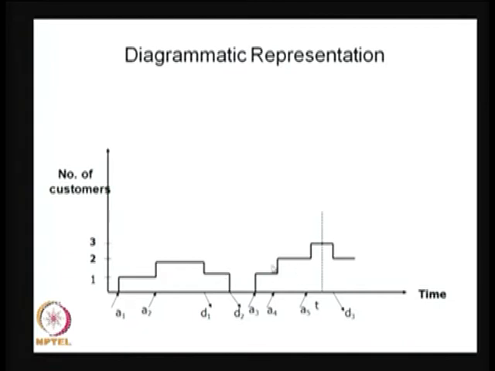So, this is the diagrammatic representation of any queuing system. Here I made a very simple assumption: only one customer enters the system, only one customer is served and leaves the system, and so on. So, this is a simple diagrammatic representation of the queuing system.